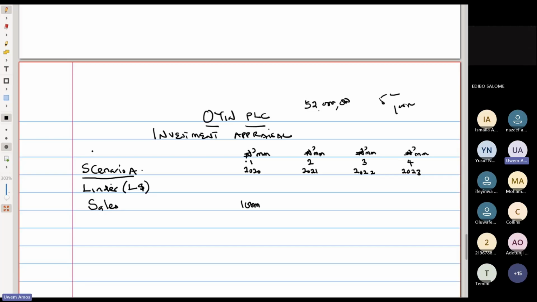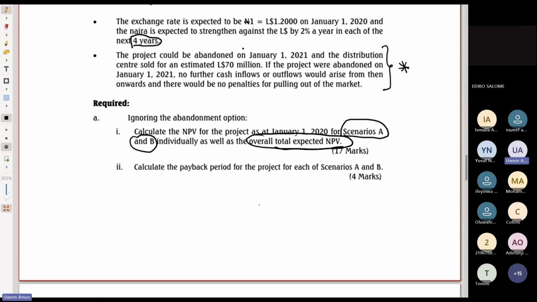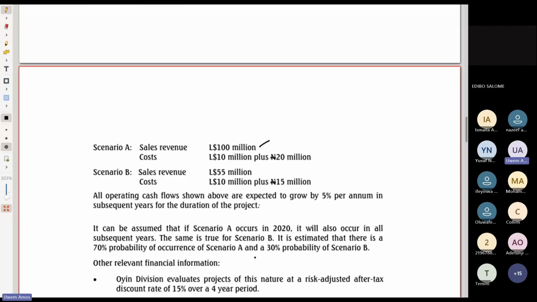But what of the subsequent years? It doesn't tell us it's 100 million for all the years, just that the figure is for 2020.